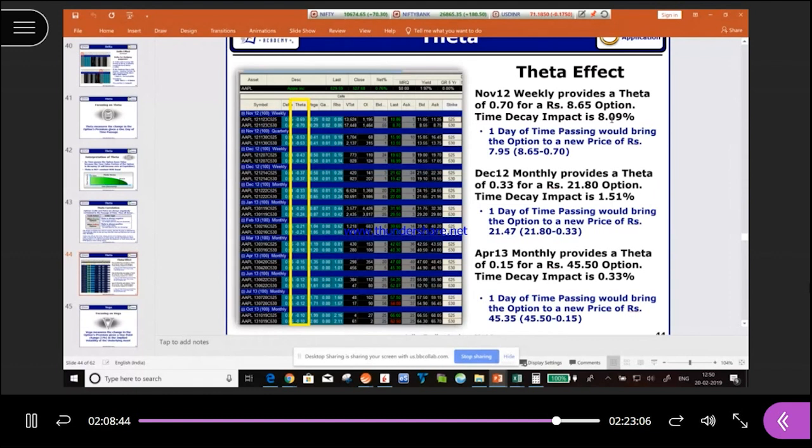Yes, so hold on to that. Let me complete Vega, then you will understand that, because I'm going to explain it to you using some diagrams.